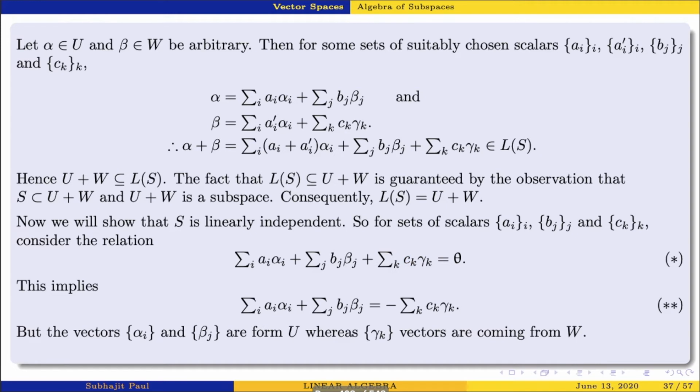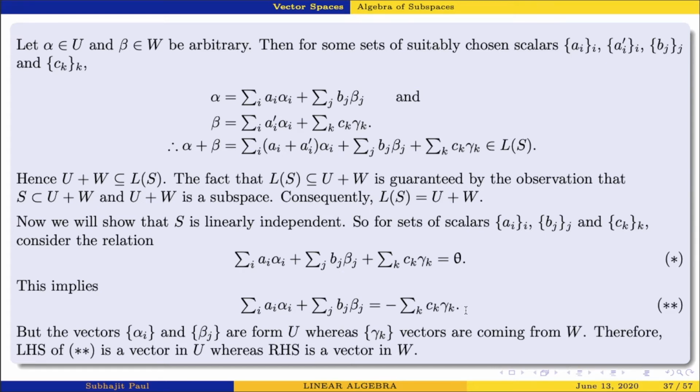But the vectors alpha i and beta j are coming from U, whereas gamma k vectors are coming from W, right? So this double star shows that the left hand side is a vector in U, and the right hand side is a vector from W.